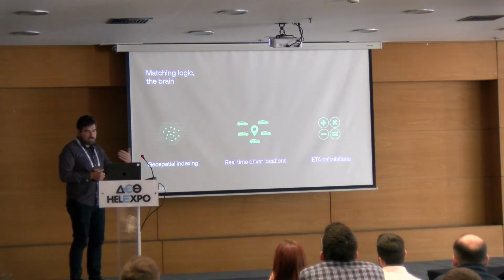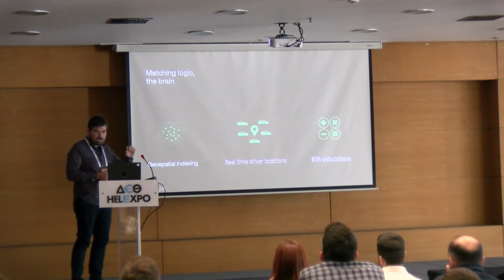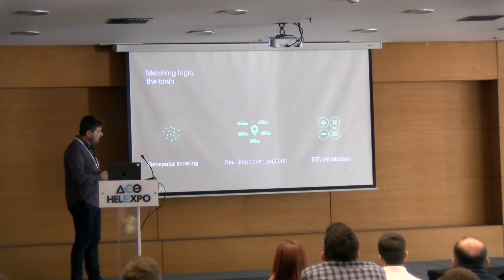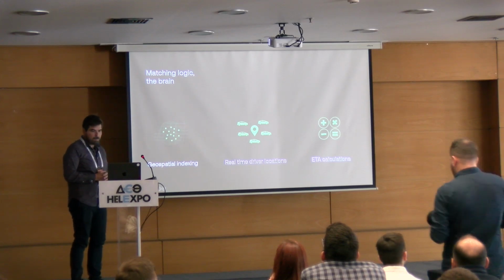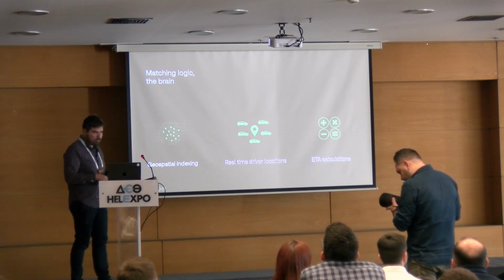And we continuously index every active driver that is currently on the map. And so the system can instantly identify the closest drivers, calculate accurate ETAs, and this is very important, and adapt dynamically as drivers move around the city.